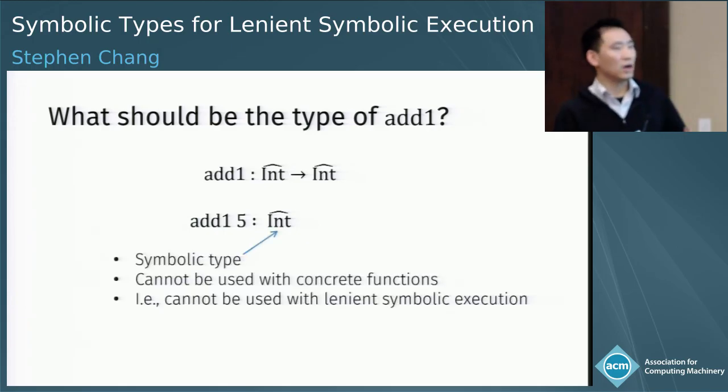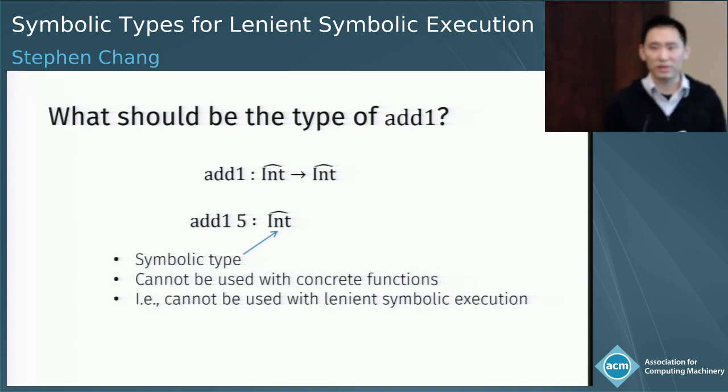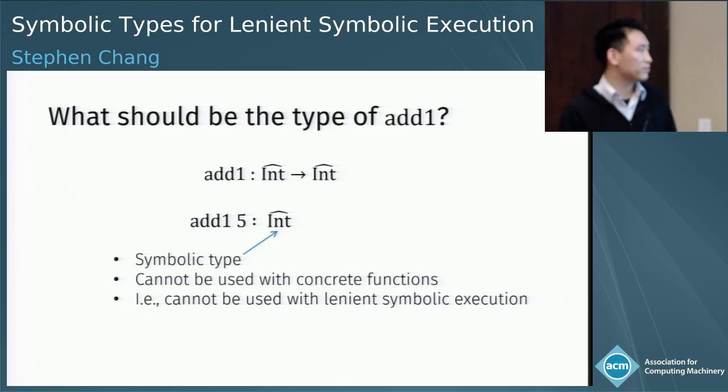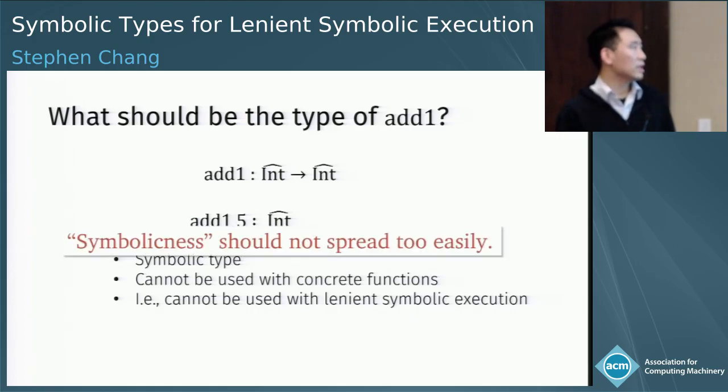And so we're unable to pass this expression to a concrete function, which largely defeats the purpose of lenient symbolic execution. And so the problem here is that the symbolicness in the types has spread too quickly, and so we also want our type system to do something about this.